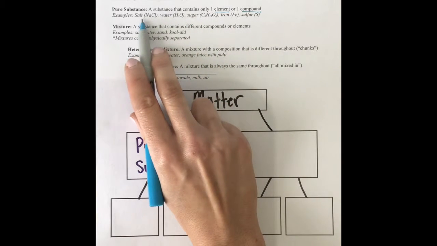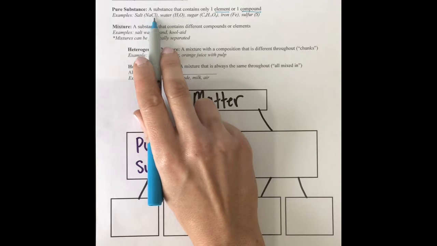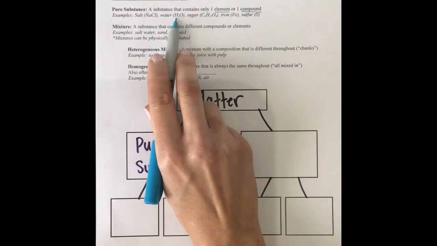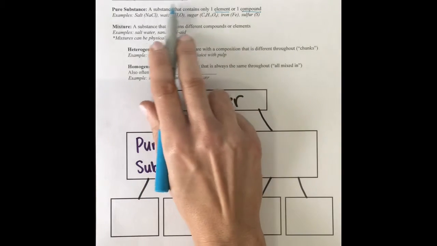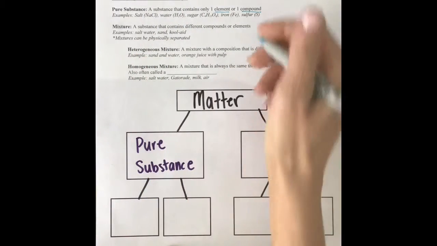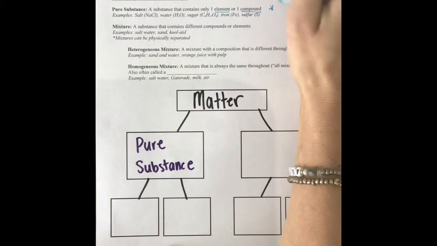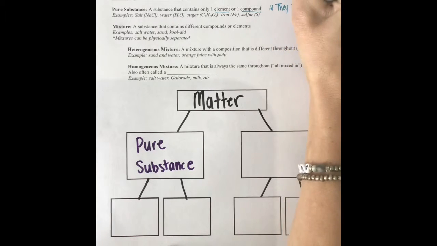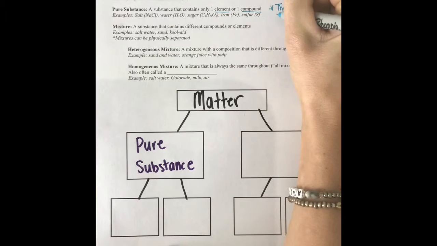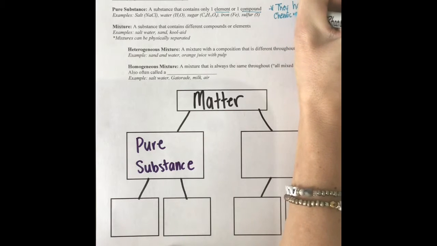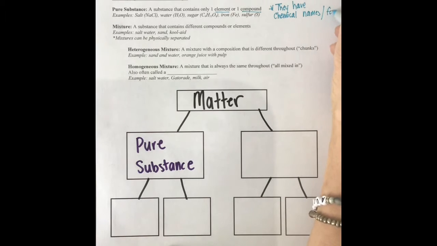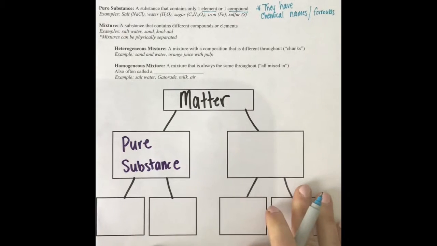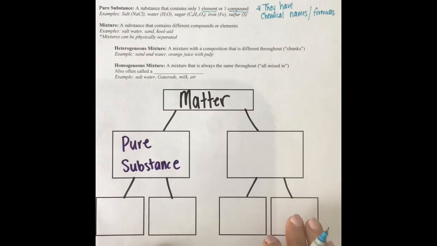And see here, salt would be sodium and chlorine combined together. Water is hydrogen and oxygen. Here's the formula for sugar. But what I want you to notice about these pure substances is they have chemical names and formulas.